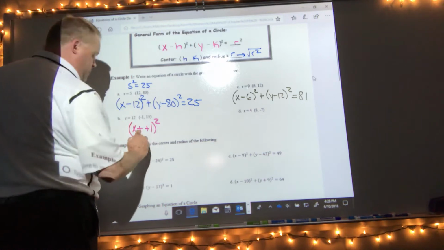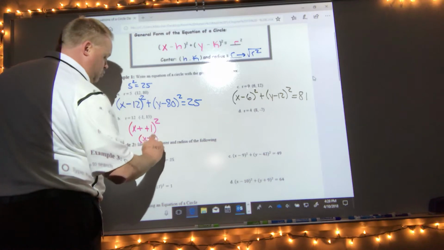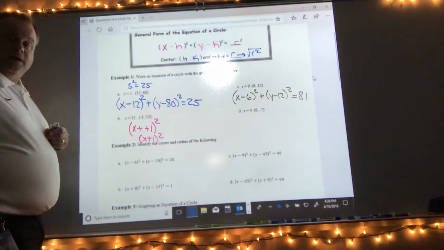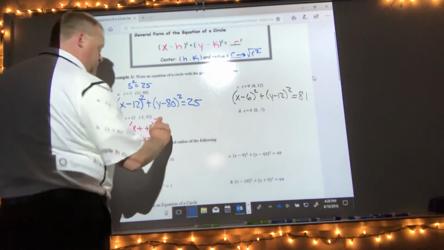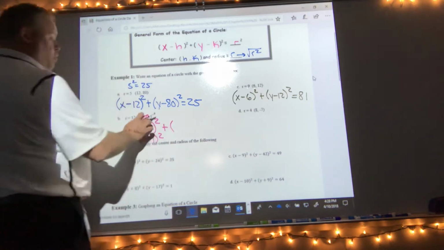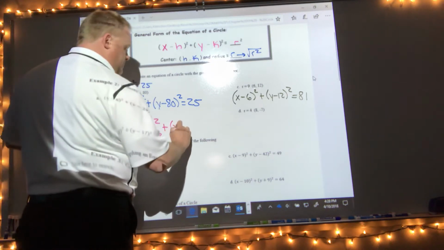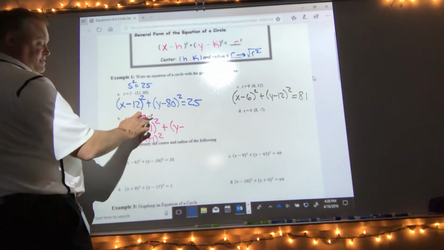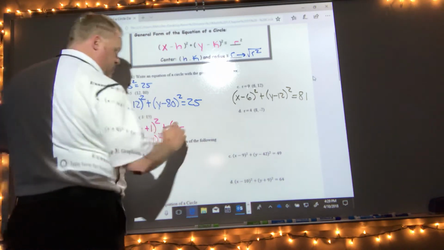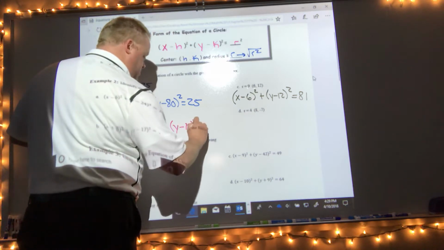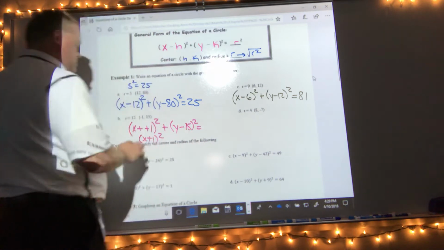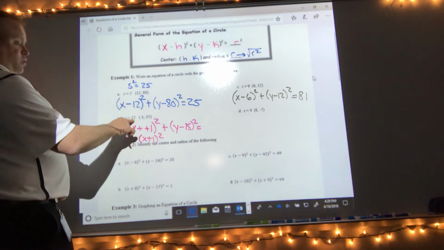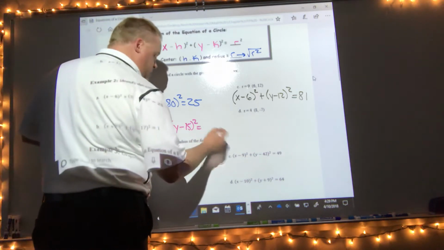But understand that that really is just saying (x + 1)^2. Plus (y minus the y term, which is k for us, the center. This y term right here, which is 15), squared, equals 12 times 12, or 12 squared.